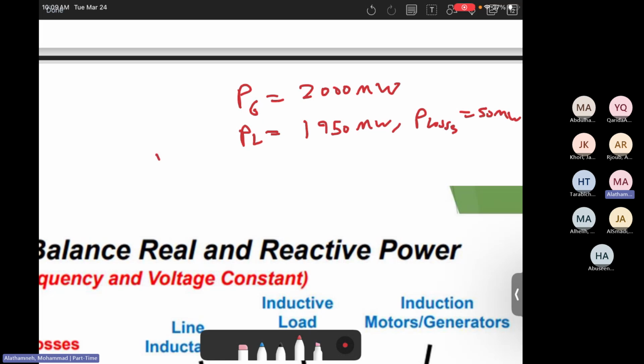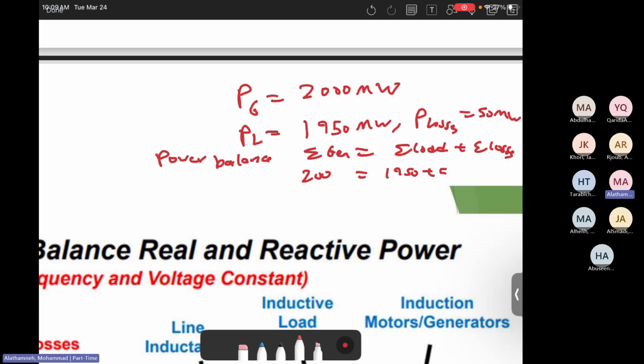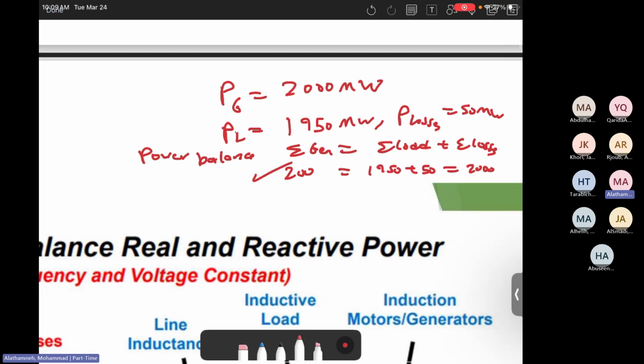To maintain the power balance, sum of generation equals sum of load plus sum of losses. So the sum of generation 2000 equals sum of load 1950 plus 50, which is 2000. That's correct, which is satisfied.